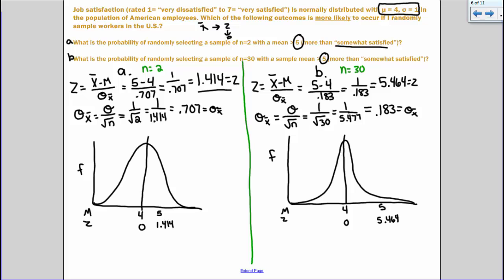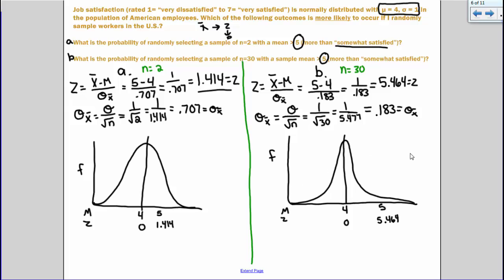So when I sketched this out, I tried to visualize the fact that I have a larger standard error here and a less extreme z-score for my sample mean. So my sample mean falls in a more frequent part of the distribution. Whereas here, I have a smaller standard error and my mean is more extreme, has a larger z-score, and it falls in a lower frequency part of the distribution.